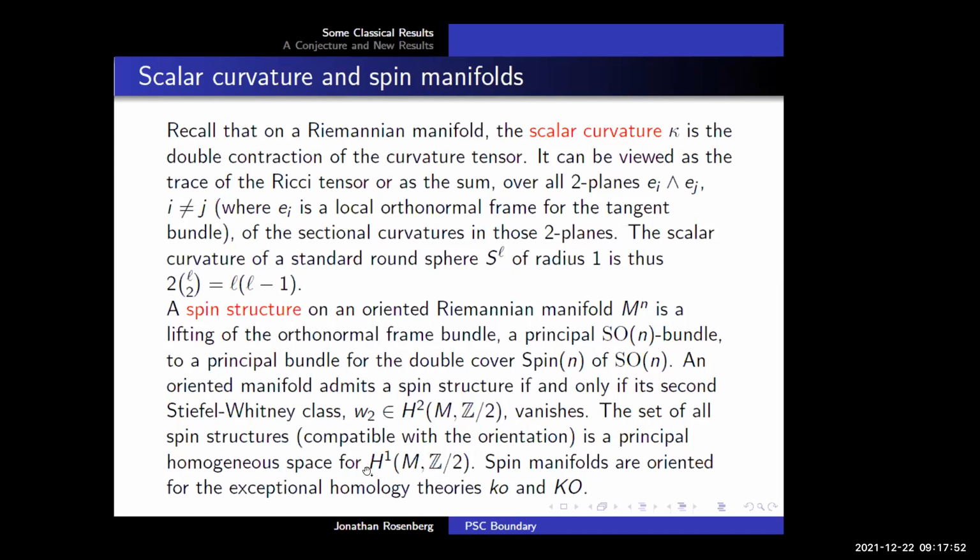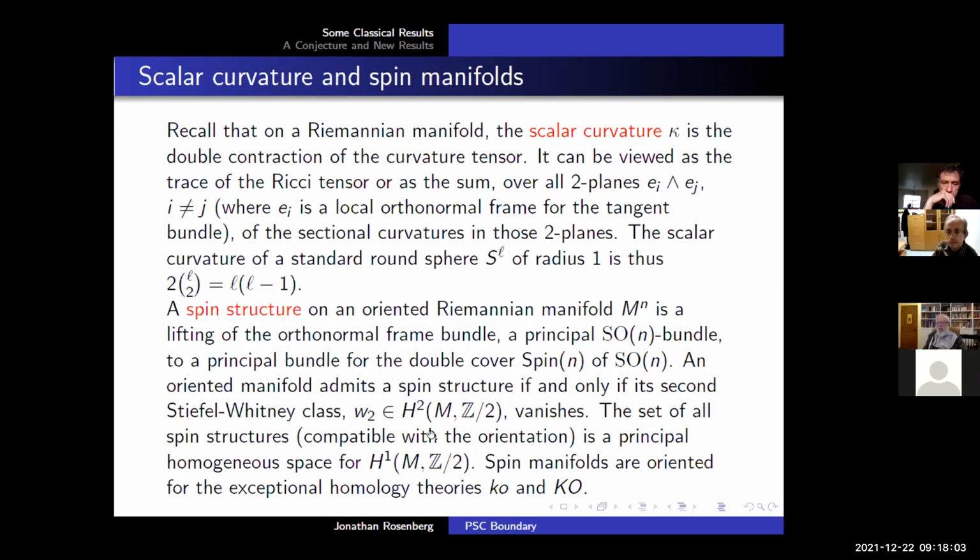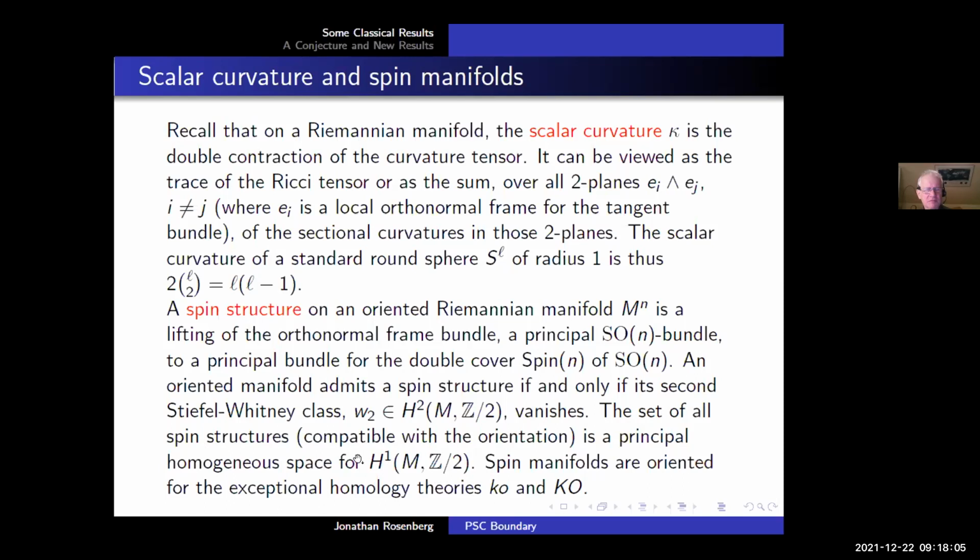You can think about it this way: H^1(M; Z/2) classifies the double covers of M, and you can take your original spin structure and twist it by another cover, and that gives you a different one.